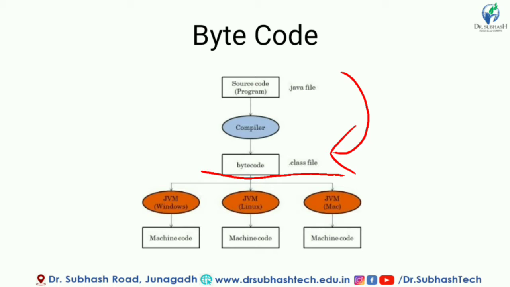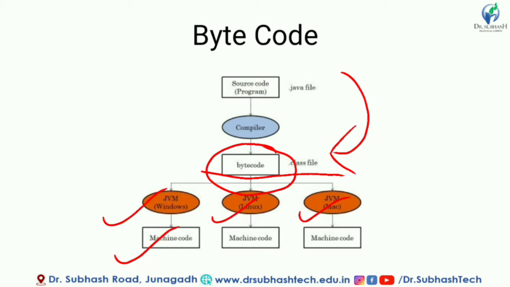After this, for running the program, for every operating system like Windows, Linux and Mac, a particular JVM is available, right? Whatever operating system there will be, the JVM will be there according to that. According to that JVM, our bytecode is executed and gives the machine code, right?